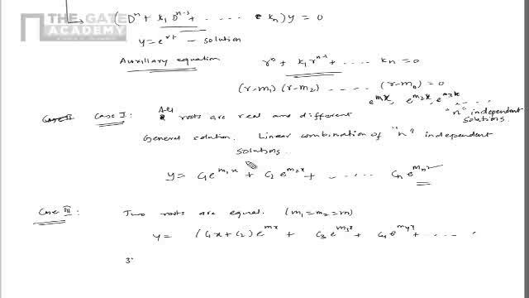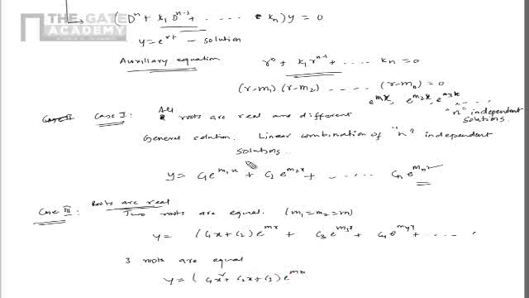Okay, and now if three roots are equal, that can happen. All the roots are real here, the only thing is that three roots are equal. In that case you can write (c1 x square plus c2 x plus c3) e^(mx), just in the same manner.